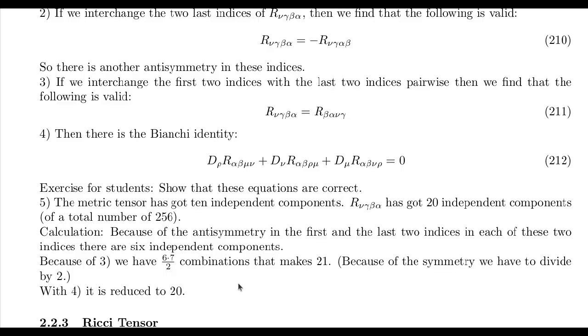But because of the symmetry of the last two and the first two indices, we must divide by 2. And so we have 6 times 7 divided by 2 makes 21. And then we have still got the Bianchi identity as the last condition here. So we have to reduce that to 20. That means the Riemannian curvature tensor has only got 20 independent components.